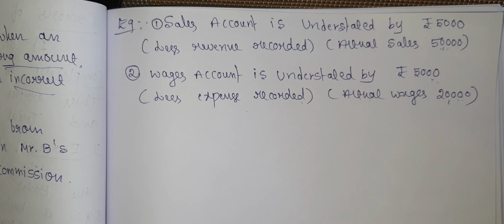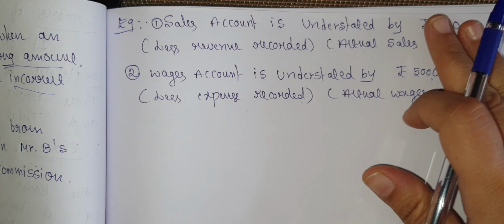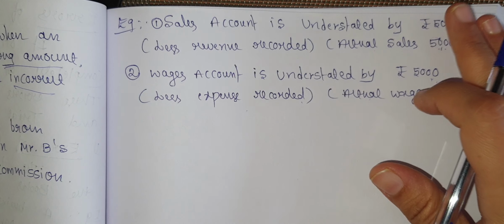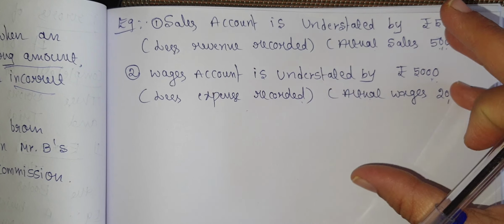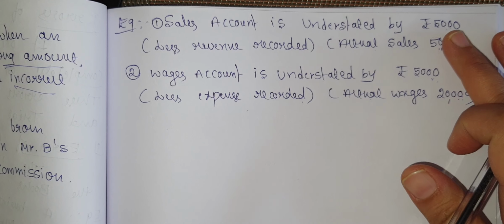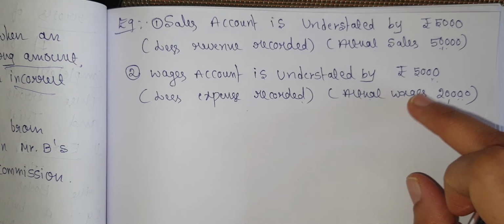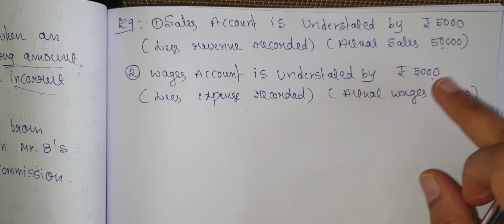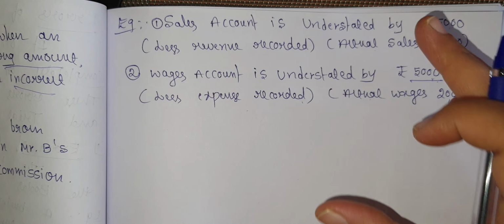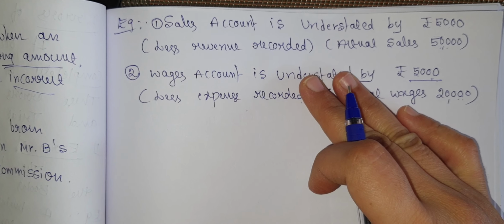The error in the sales account of rupees 5,000 made total credit less, because sales is an income. The error in the wages account of rupees 5,000 made total debit less.